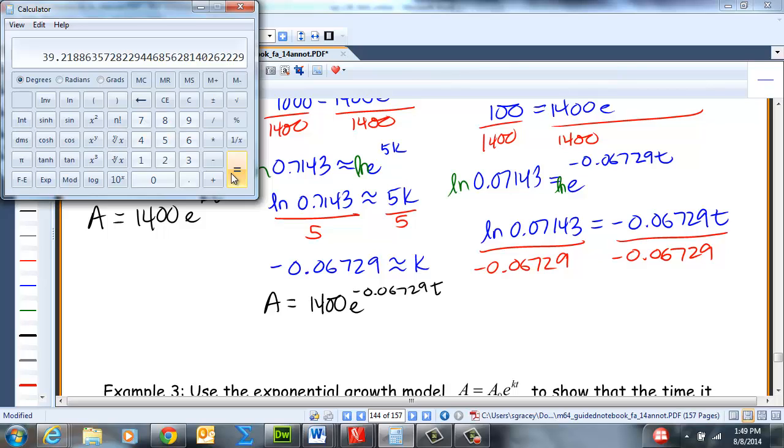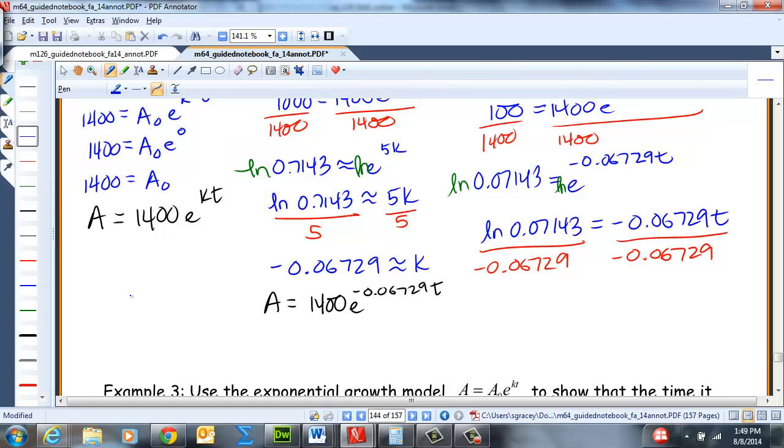So I get 39.2, so again approximately 39. So t is approximately 39.